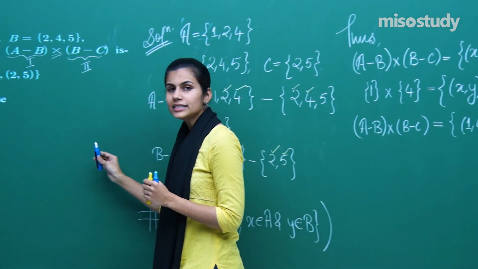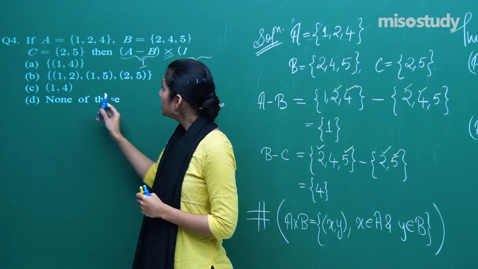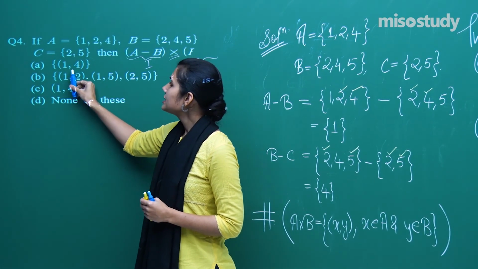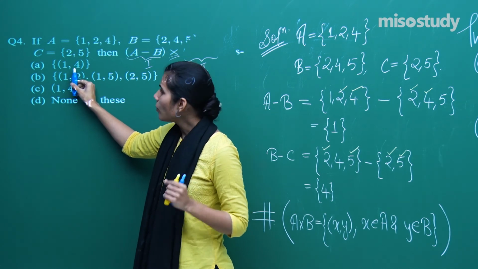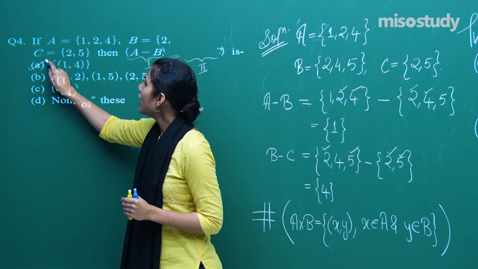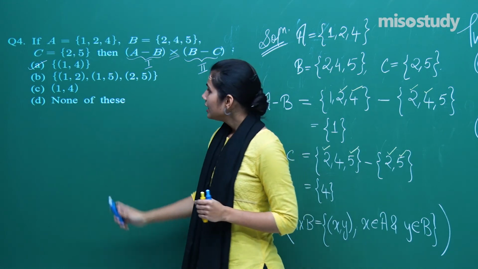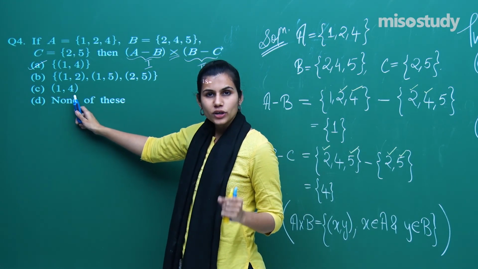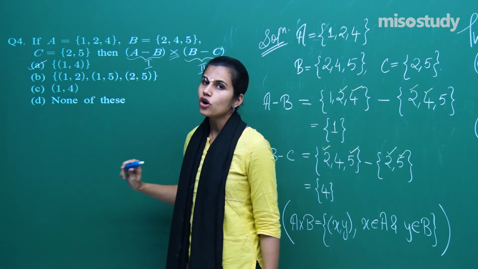I want singleton set 1 comma 4. Singleton set inside which is the only ordered pair 1 comma 4 sitting is my correct answer. If you look at option number C carefully, it is saying the answer is 1 comma 4.